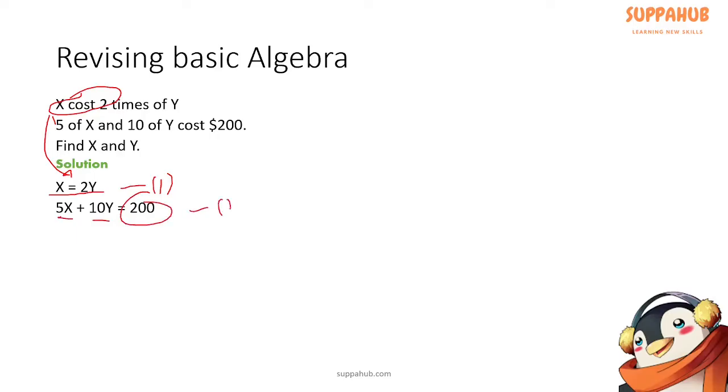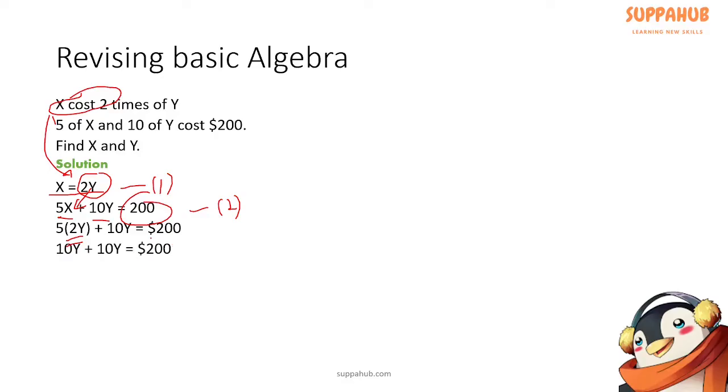That's your equation 2. So later, since you know x equals 2y in equation 1, you substitute x inside here. So you have 5 times 2y plus 10y equals $200.